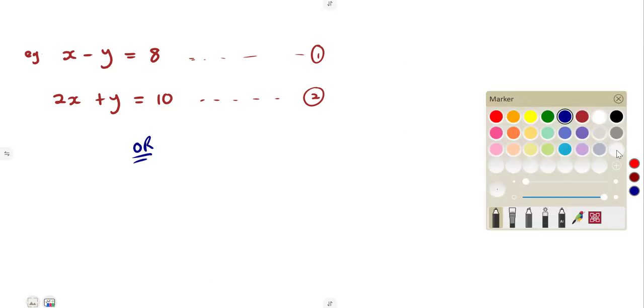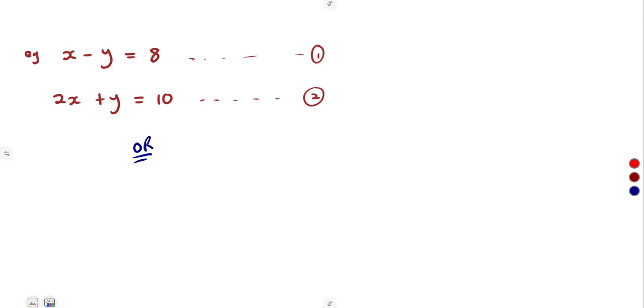Okay, let me put it this way. You can make x the subject from both equations.